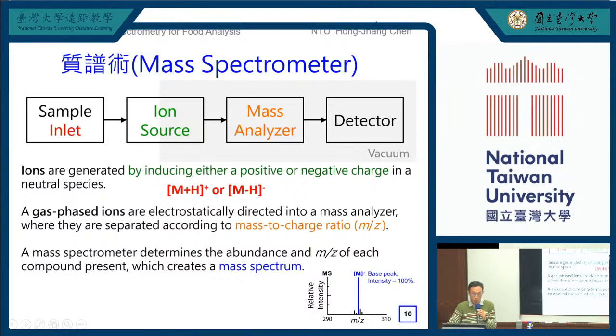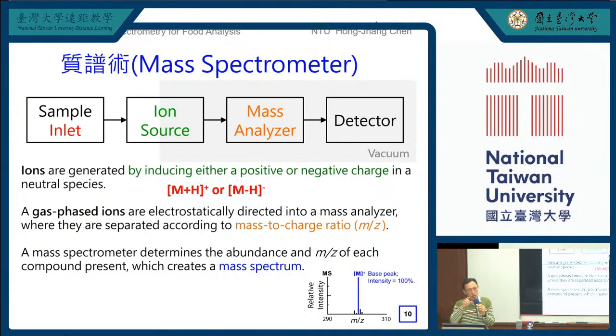Okay, so the data shown is M plus hydrogen, or M plus proton, for positive, or M minus proton for negative. So now you know that a compound going into the machine may be positive or negative. How could that be determined? It's based on chemistry, organic chemistry, right? So whether this compound easily loses a proton or not depends on its chemical structure.